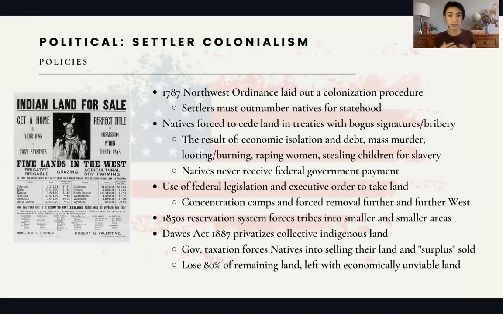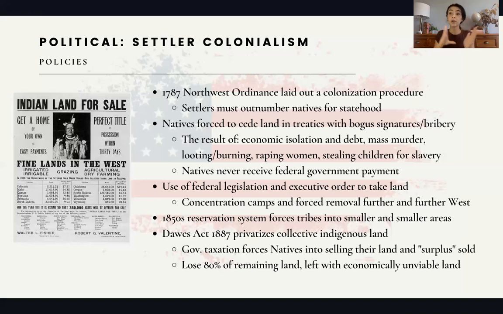But yes, they move them into concentration camps and they force them further and further west as the United States expands. By 1850, they have this land on the western coast that they've just taken through war, which is Mexico, which was once Mexico. So they've taken this land through the Mexican-American War, and they have this land on the east side that they've been gradually moving west and west.